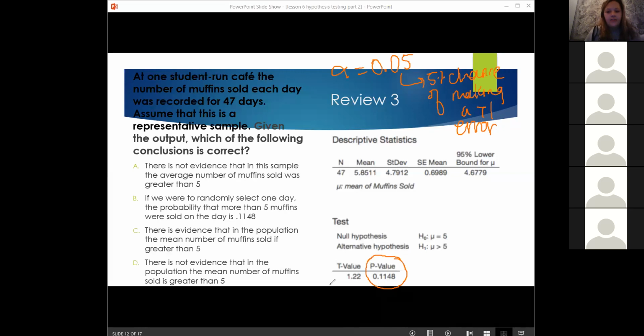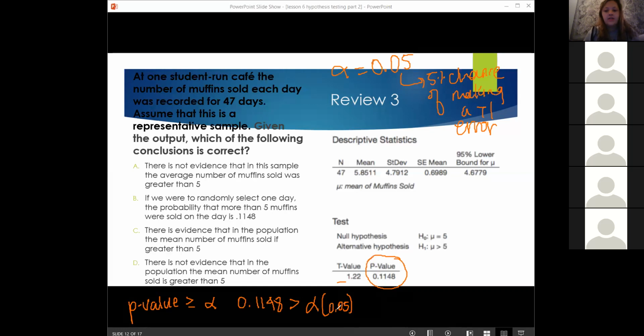Okay, so in this case, our p-value is 0.1148, which is going to be greater than our alpha level, which is 0.05.